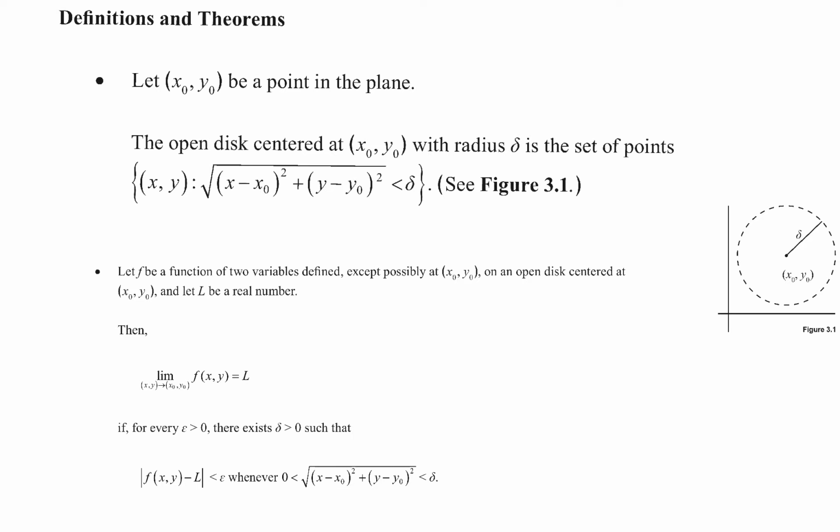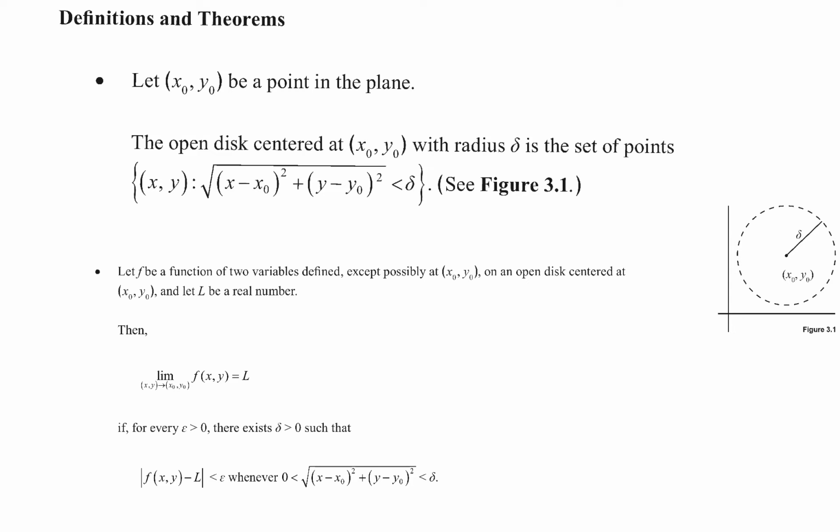First things, we are going to define an open disk. What is an open disk? You center the disk at the point x0, y0, and you imagine that surrounding the point is a disk of radius delta.